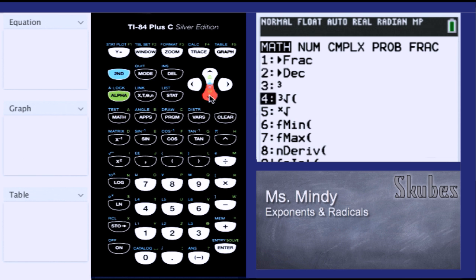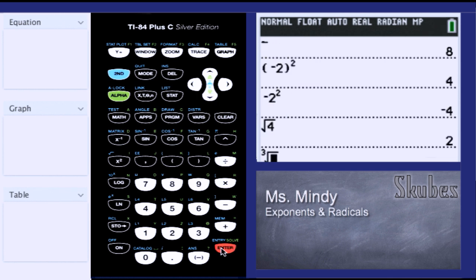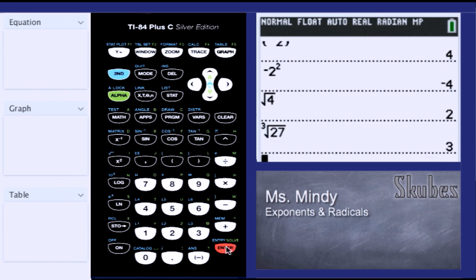So we're going to pick that number. So scroll down to 4. You can either type a number 4 to pick that, or you can scroll down to 4 and then press enter to choose it. And notice that it comes up as a cube root. I want to take the cube root of 27. So I'm going to type in 27. Again, I'm going to use the right arrow key to get out from underneath the radical, and then I'm going to press enter. And that answer is 3.